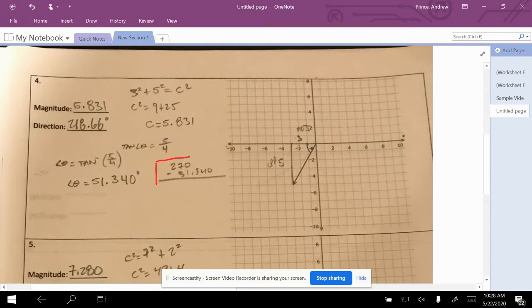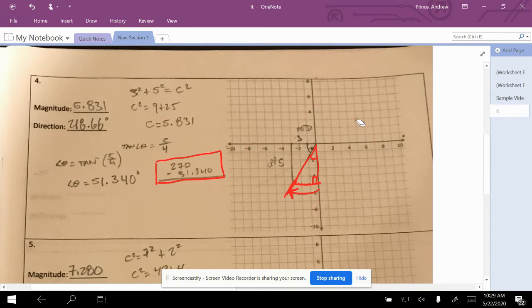But aside from that, there's a little bit of an issue with this right here, the way you got your angle. It would have worked if you were finding the angle of this triangle, right? Because you come 270 degrees and then you're subtracting, so you'd go back 51, which is what you got here, and you'd wind up right here.